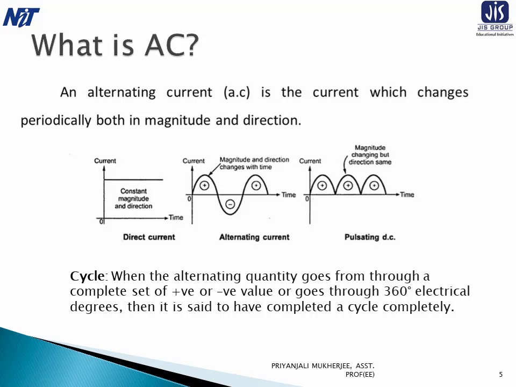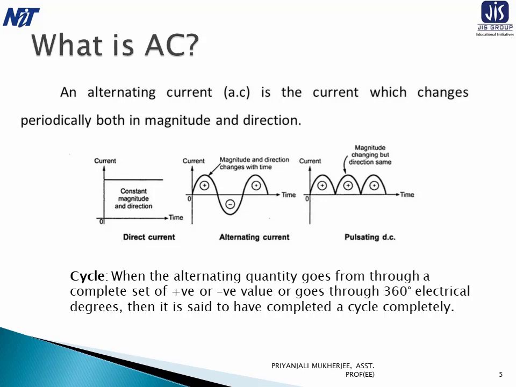Now here we can see this one is the direct current where the magnitude remains constant and direction is also the same. This one is the alternating current where magnitude and direction reverse periodically, and the next one is the pulsating DC where the magnitude is changing but the direction remains the same.